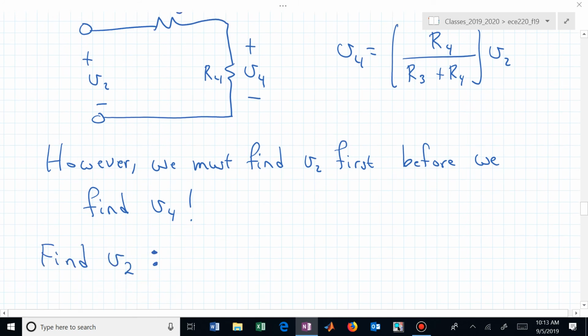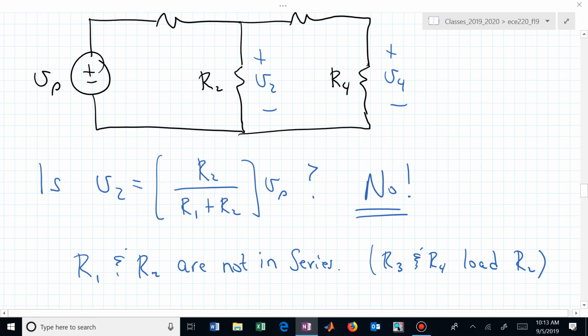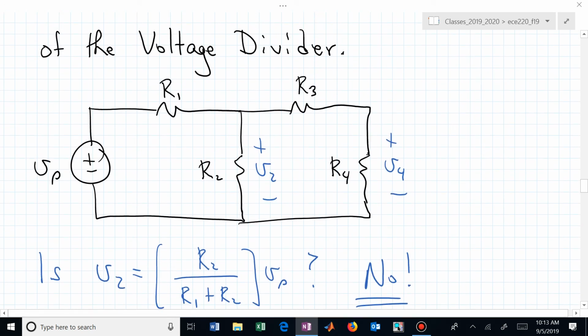So now the question I think that I'm hearing, I'm sure everyone heard that. You have much better hearing than I do. Did you hear the question? Oh, good. I'll try to repeat it. Can we just neglect R3 and R4 to find V2 in this circuit? If we want to find V2, no, we can't just throw them away and then put them back.